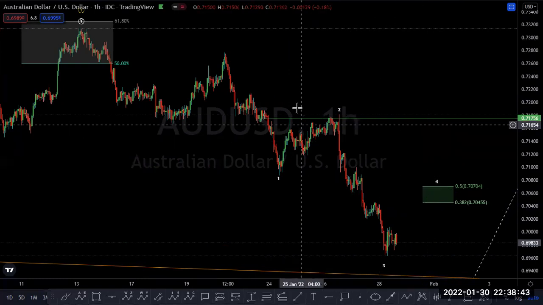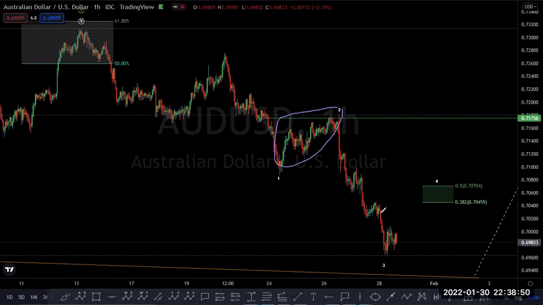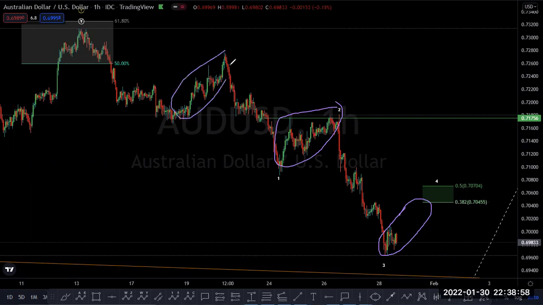If this type of structure forms around here, then I will sell. Or this type of structure forms. If you see this, they are similar.